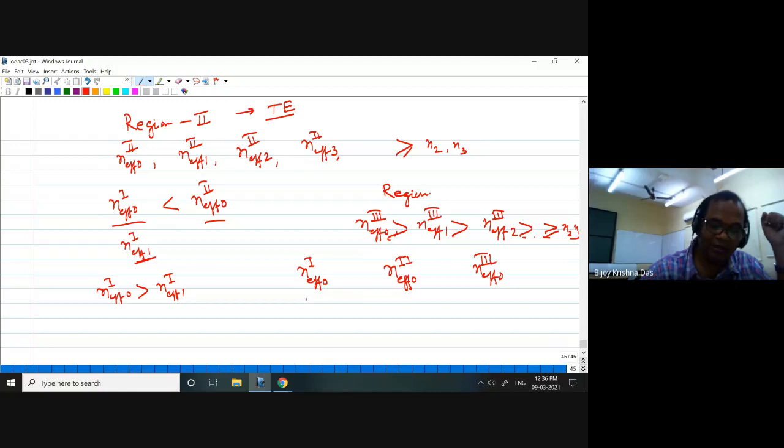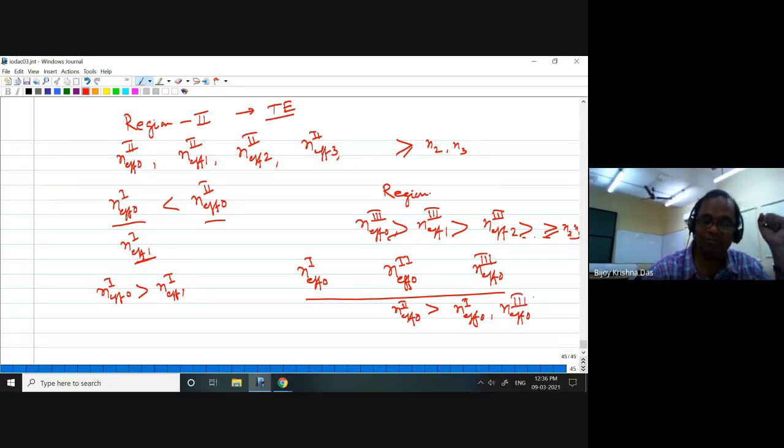So I can construct another 1D waveguide based on that. And I'm sure that you will be getting N effective 0, region 2 must be greater than N effective 0, region 1 and N effective 0, region 3, because their heights are different, smaller.